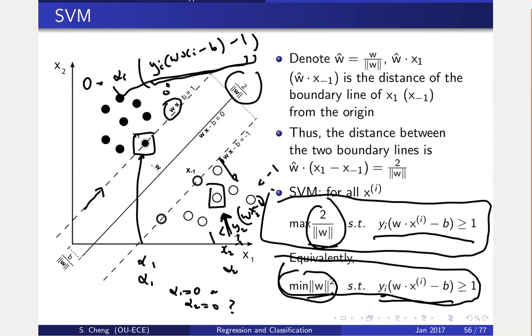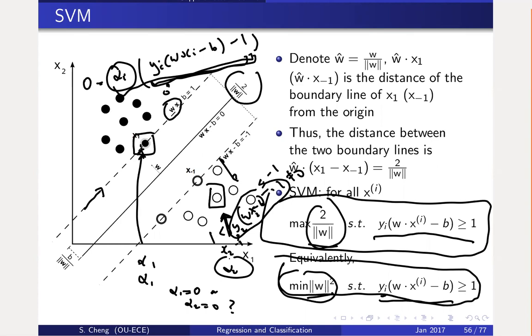Therefore, y2 (w x2 minus b) minus 1 will definitely not be 0. So by the complementary slackness condition, this guy is non-zero, so alpha has to be zero. Actually, I cannot tell whether the other one is zero or not, but I can definitely tell that alpha 2 is equal to zero.